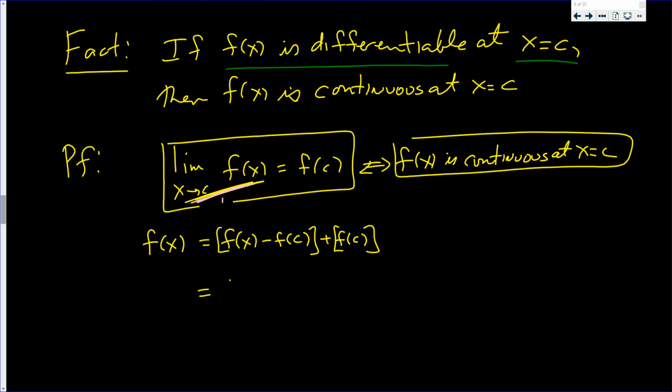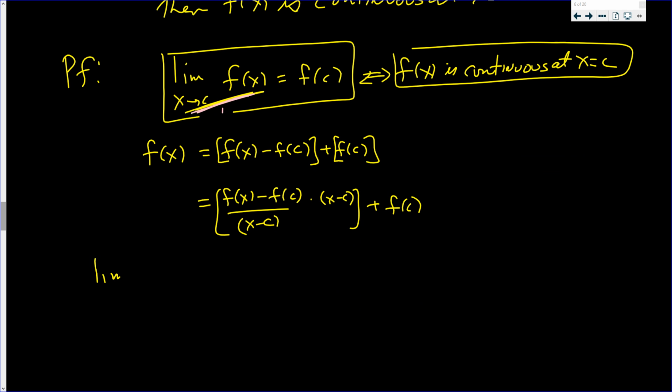And this is equal to f of x minus f of c divided by x minus c, as long as I multiply by x minus c. That's the first bracket, plus f of c. Okay?